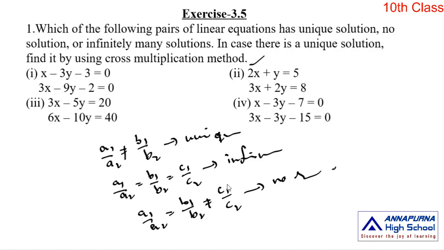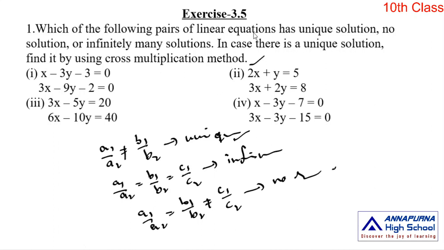So by comparing the ratios of corresponding terms of the two linear equations, we can decide the number of solutions. In case there is a unique solution, find it by using cross multiplication method. That means if that pair has unique solution, then you find that solution by cross multiplication method.